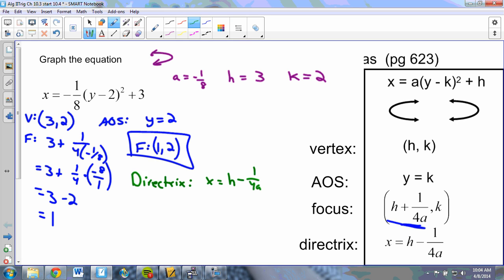And the directrix is sort of how you can frame the angle of your graph, or how the parabola points to the left. So h is 3 minus 1 over 4 times negative 1/8. Sometimes it's worth just calculating this all on its own.